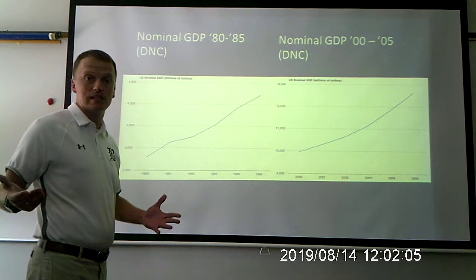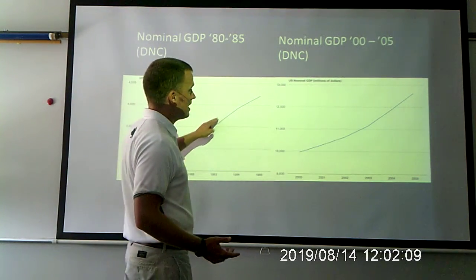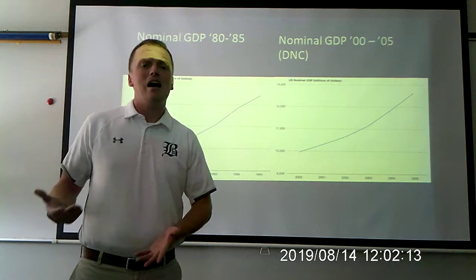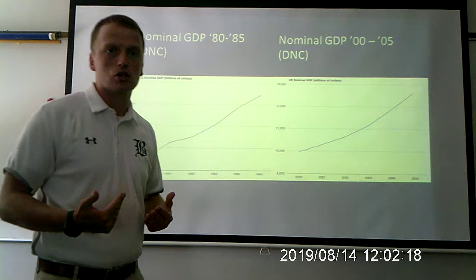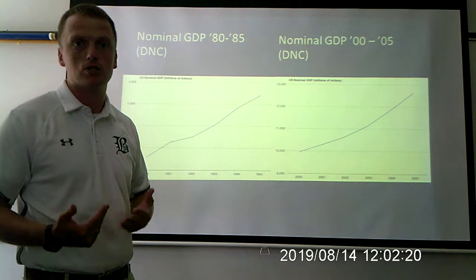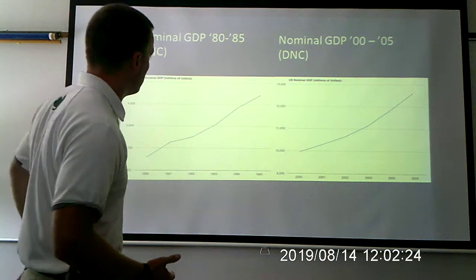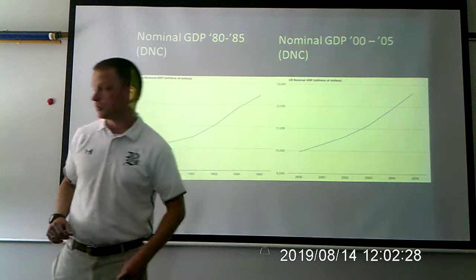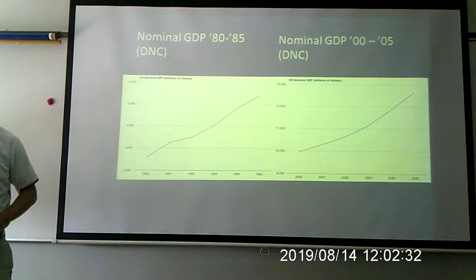Clearly, every single year, GDP is increasing at a pretty steady rate. I would suggest to you that this does not tell the whole picture, that we don't really get a good idea by looking at nominal GDP of what in the world is going on here, or what's going on at least in those given years.